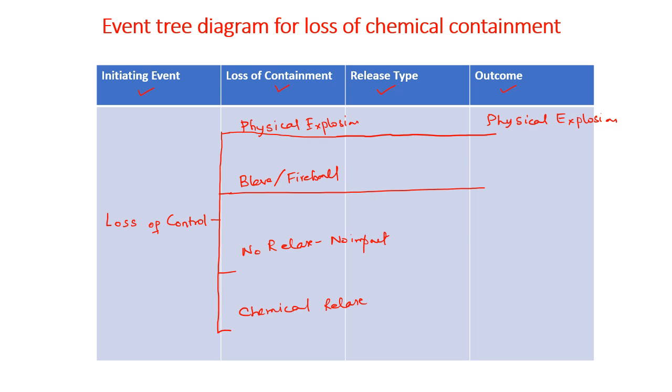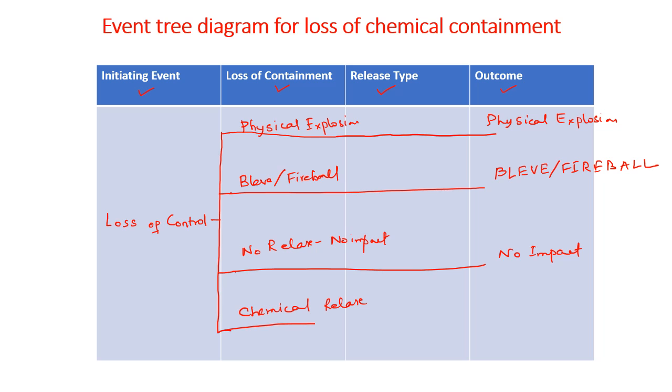It will directly end up in BLEVE or fireball. Now, if you want to know what BLEVE is, there is a different video. You can just watch that. No release, no impact. Okay, it will be no impact in the outcome. It will directly go here.